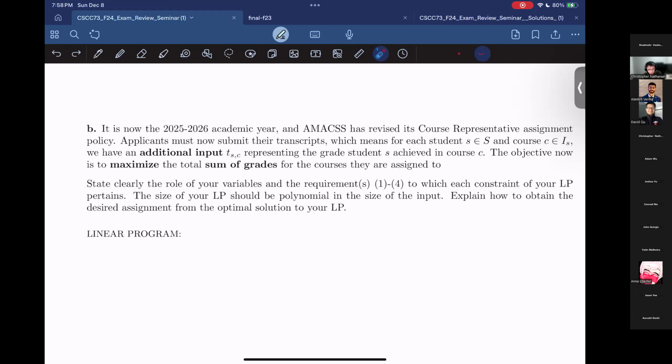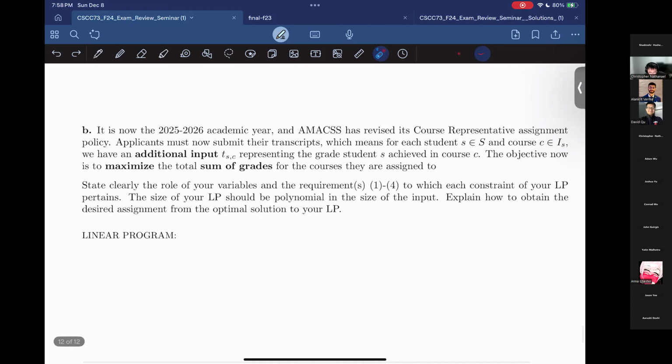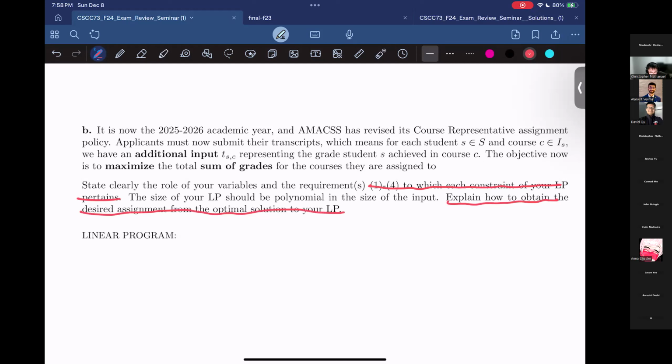State clearly the role of your variables and the requirements to which each constraint of your LP pertains. The size of your LP should be polynomial in the size of the input, and explain how to obtain the desired assignment from the optimal solution, which is pretty intuitive here. Okay.